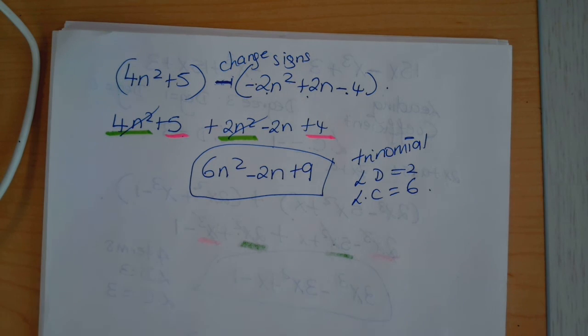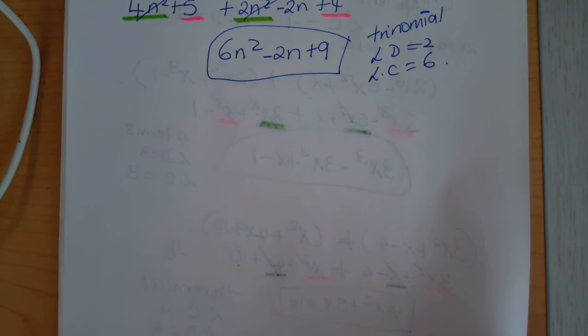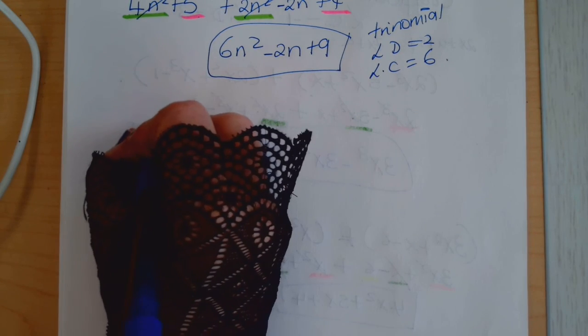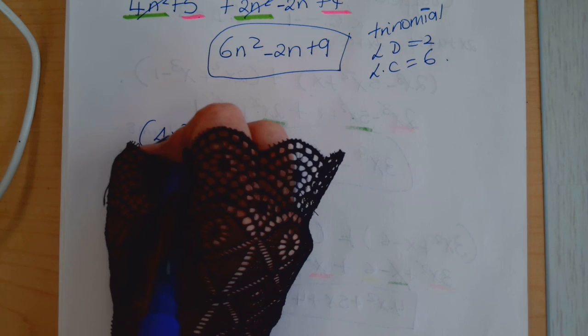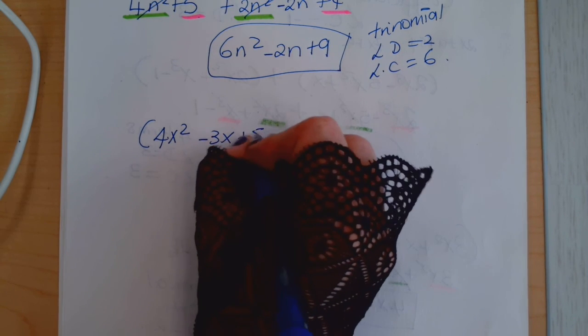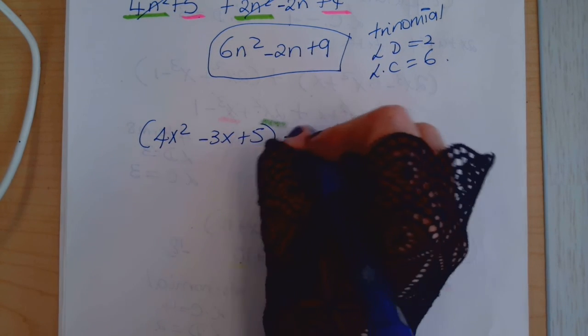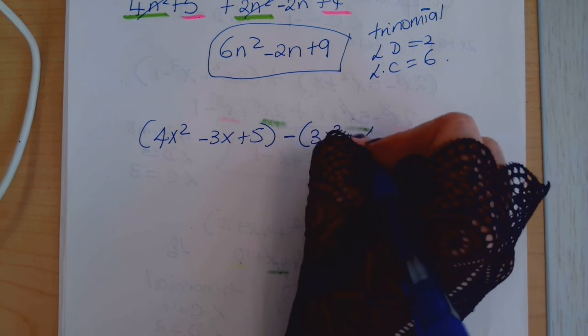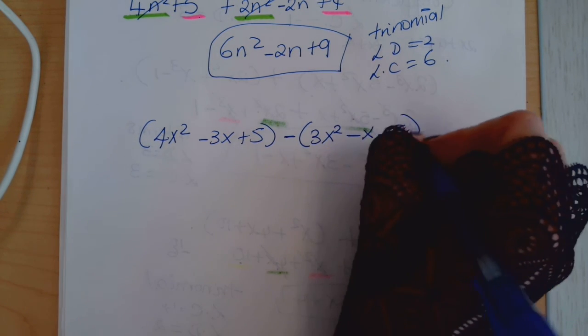Okay, we're going to try one more where we're subtracting 2 trinomials. So here we go. 4x squared minus 3x plus 5, subtract minus 3x squared minus x minus 8.